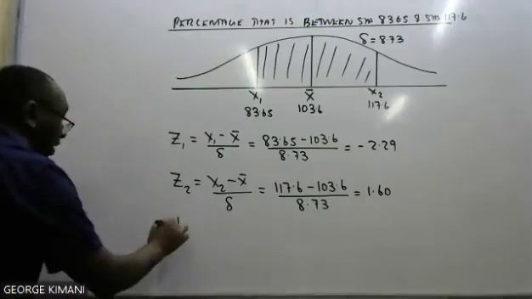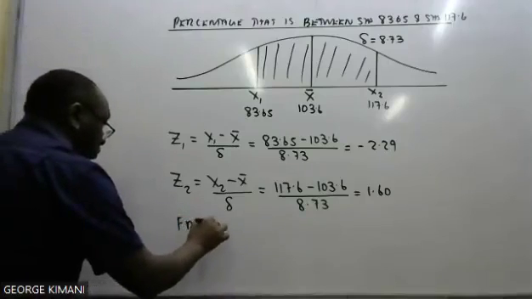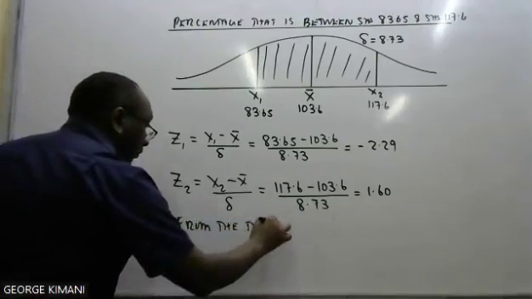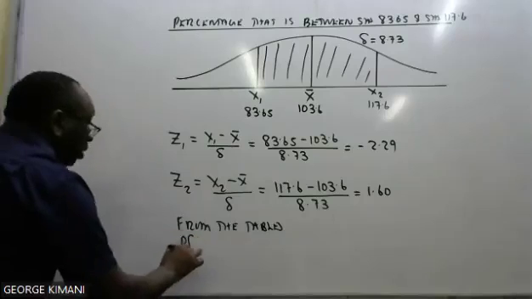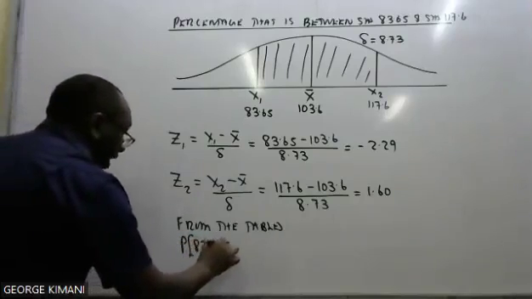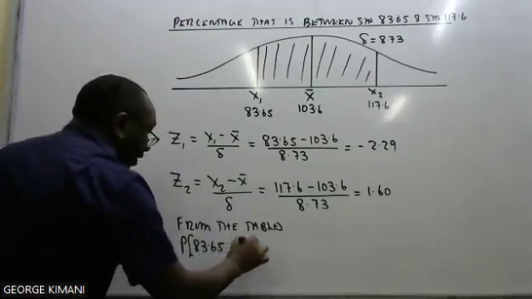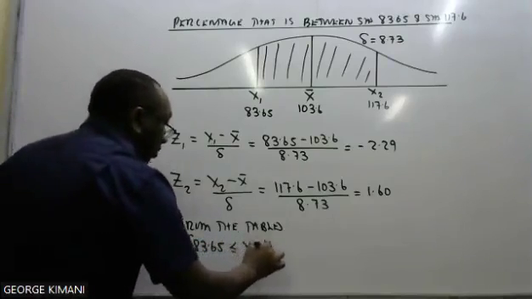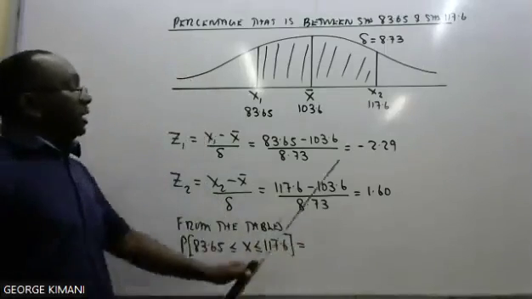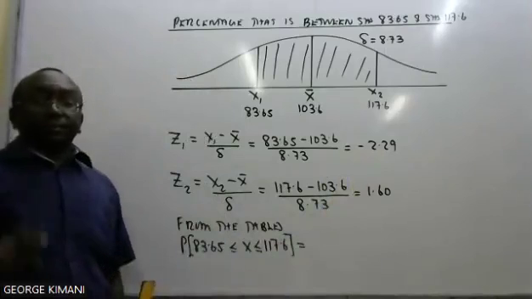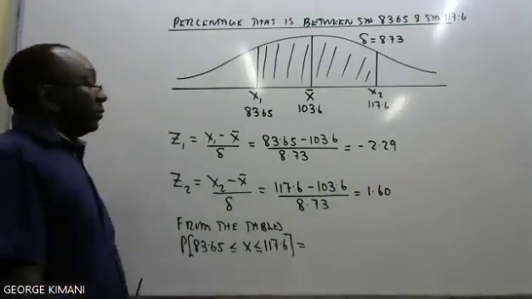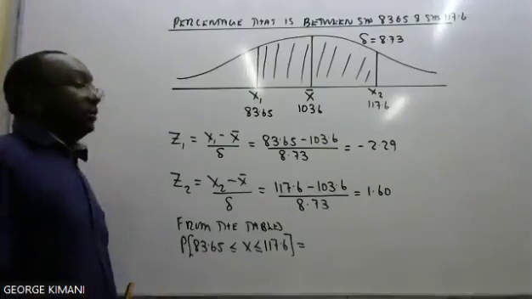So from the tables, probability that we are between 83.65 and 117.6. Sasa tutaanza na hii ya 2.29. 2.29 itatupea 0.4890.